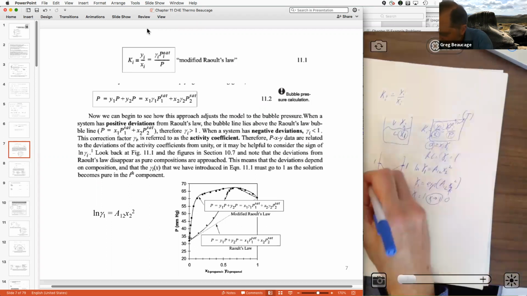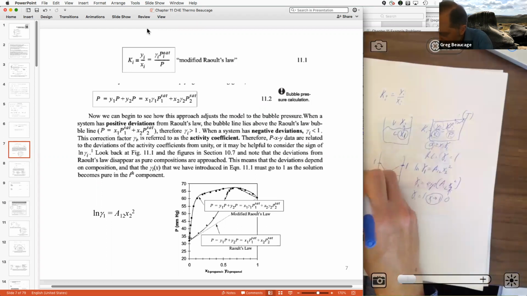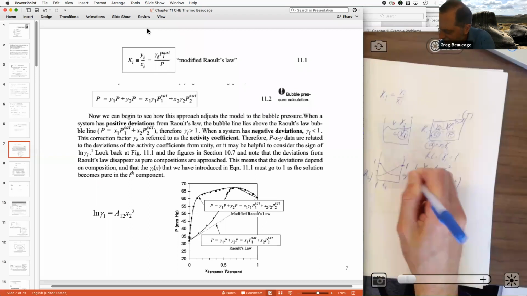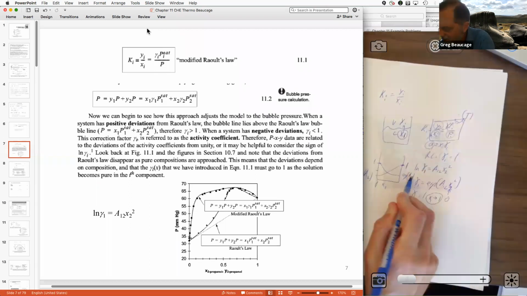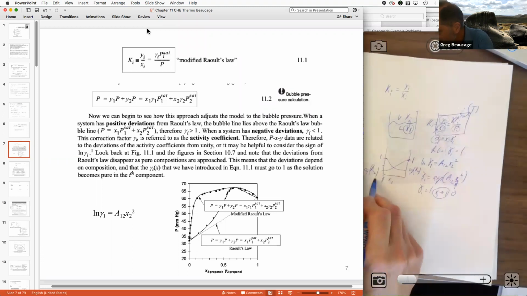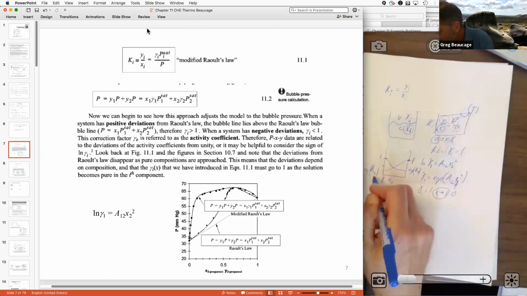So over here it's exponential A12, and over here it's exponential A12. If you have a single component Margules expression, depending on the value of A12, if A12 is smaller than 1, then this will be less than 1.